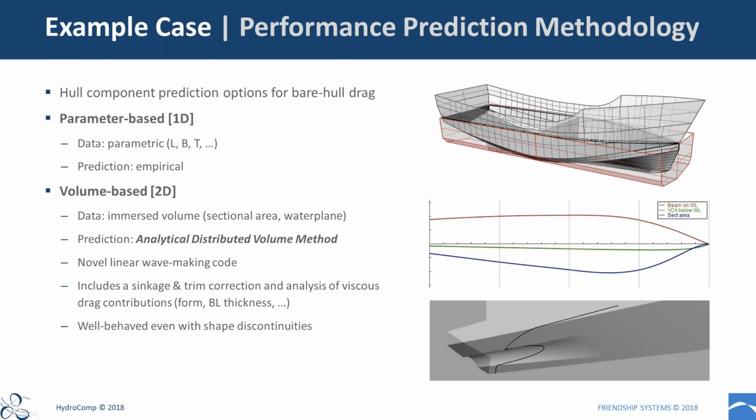Well, if the waterplane or a waterline slice were to happen to go through that, you can see that there is shape discontinuity in that slice that does not allow a lot of other comparable linear codes to function properly.